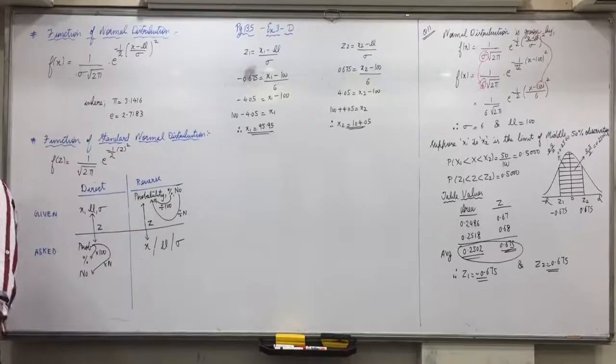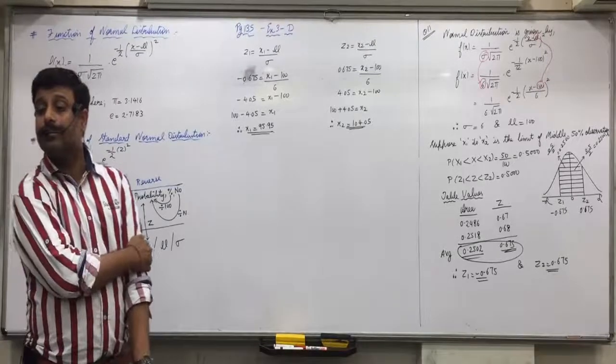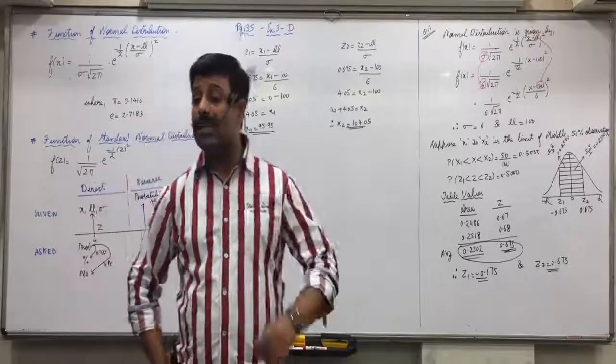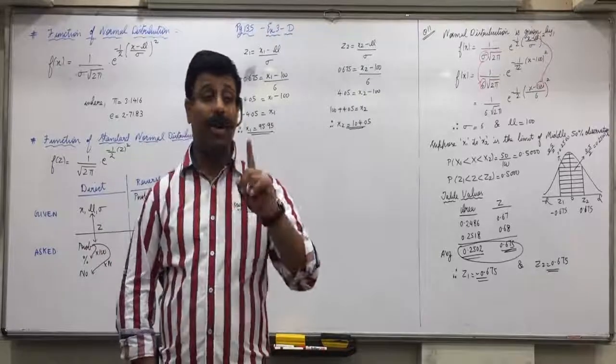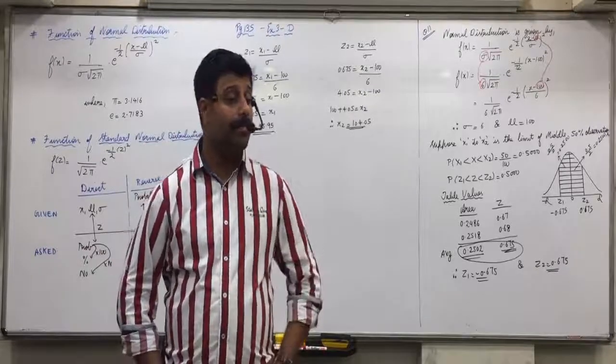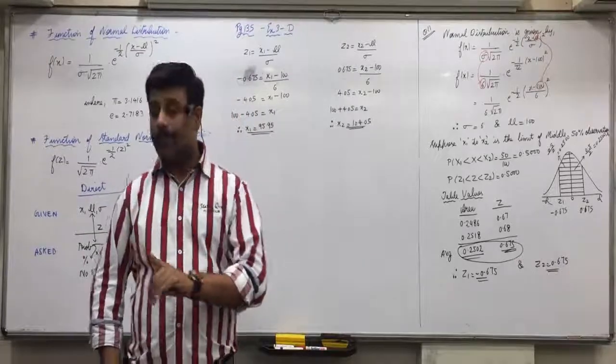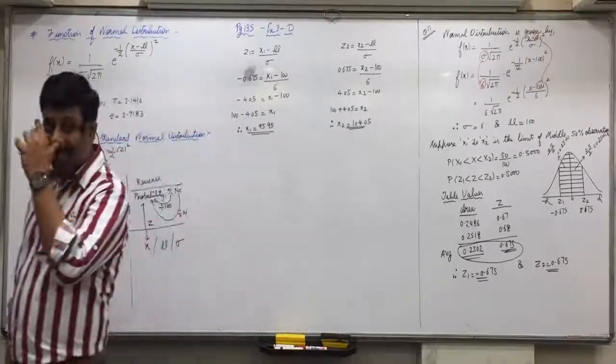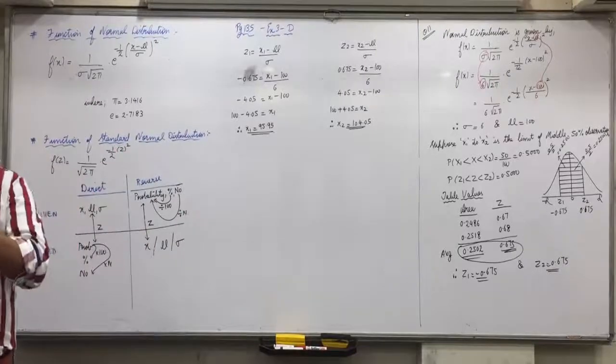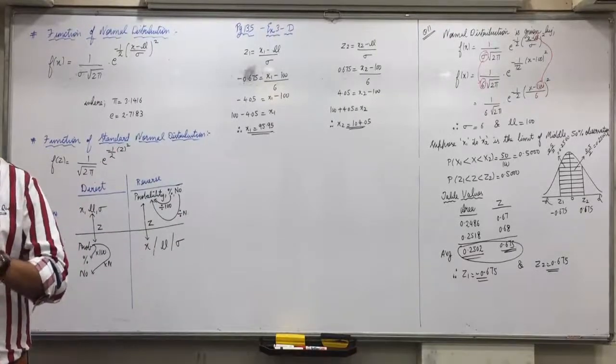What property did we study for Q1? No, that is median. For Q1, what property did we study? Mu minus 0.675 sigma. And for Q3, mu plus 0.675 sigma.